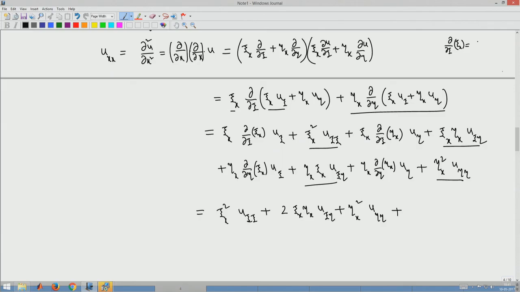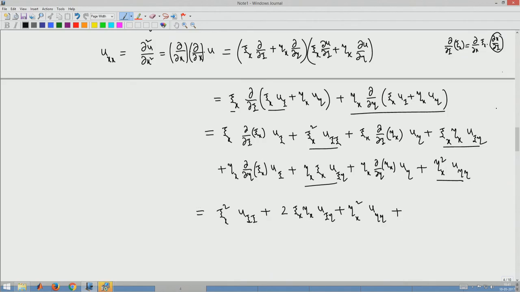You can say xi is a function of x y. So, you can rewrite this, so dou x of xi_x into dou x by dou xi. That is what you see. Dou x by dou xi is possible because x I can write in terms of xi and y because of inverse, okay, because Jacobian is non-zero.